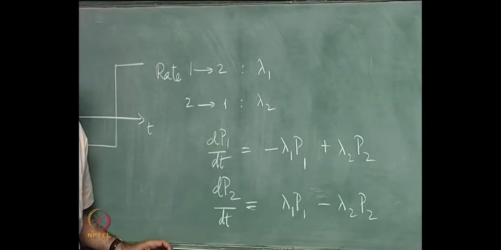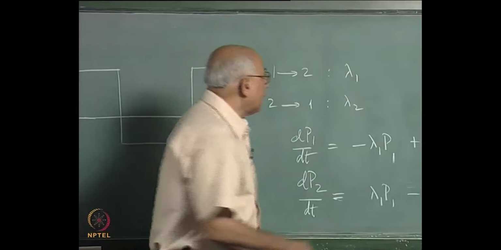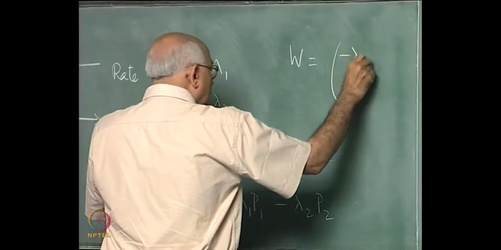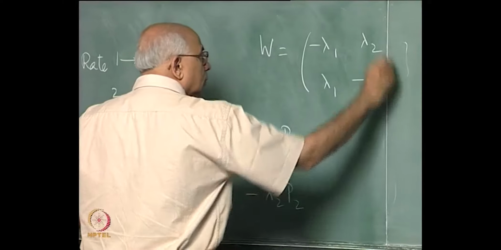And this is as it should be, because if I write down the transition matrix W in this case, it is minus lambda 1, lambda 2, lambda 1, minus lambda 2.